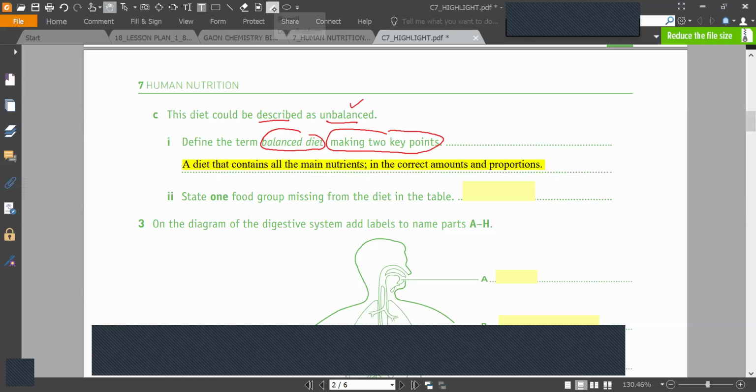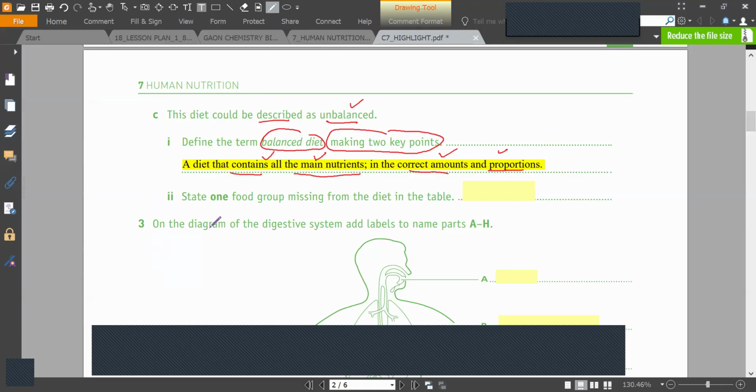So what's a balanced diet? A diet that contains all the main nutrients in the correct amount and proportions. So not only do we need to have everything, but the correct amount and proportion is very important. Like the fats cannot be too much.